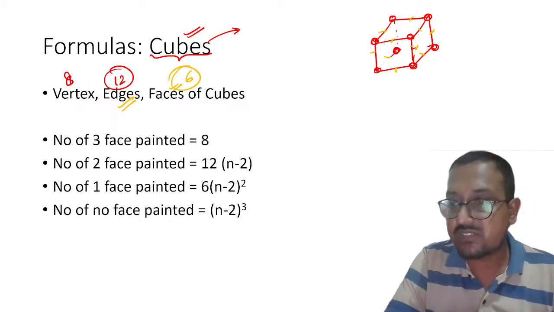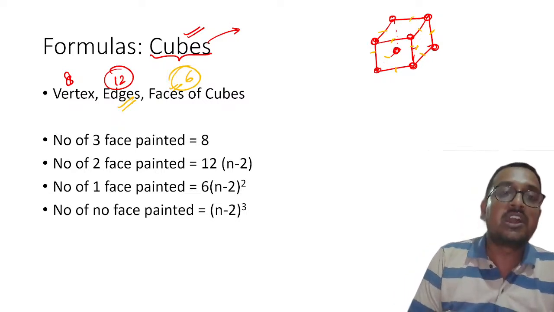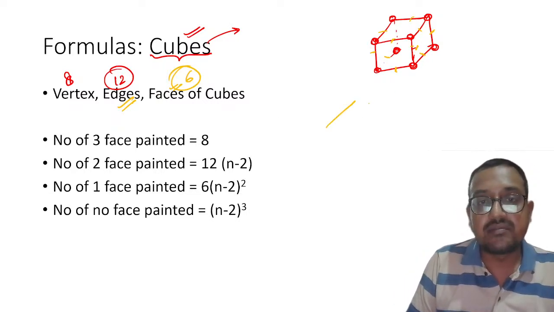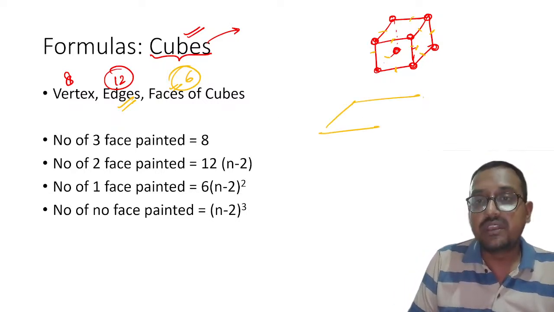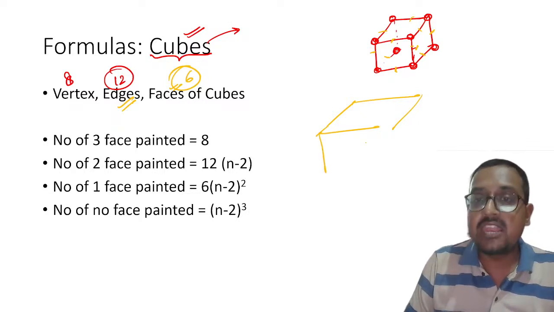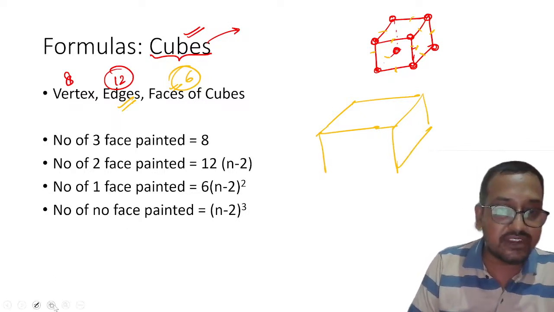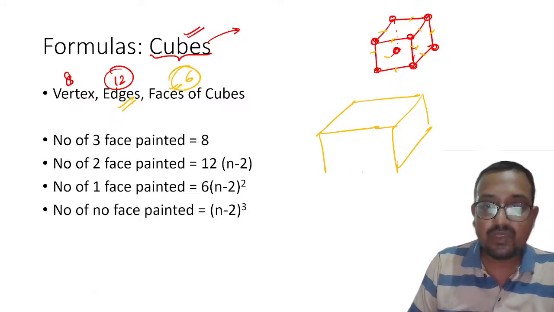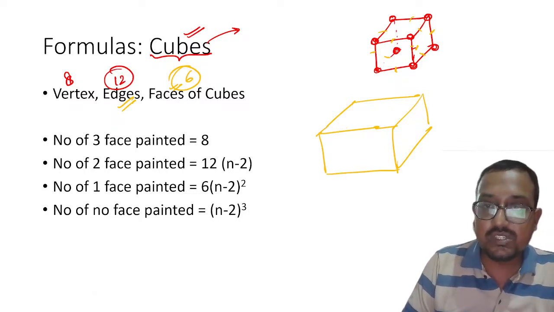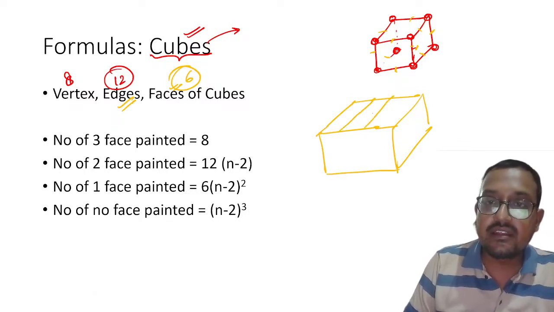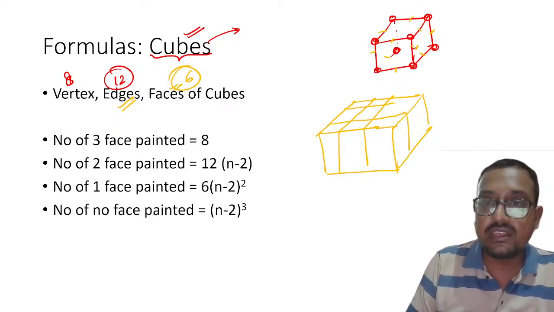Now, suppose you cut a cube into n number of cubes on each side. Please remember, on each side. So suppose, let me cut it into 3 cubes on each side. Understood? 3 cubes on each side.